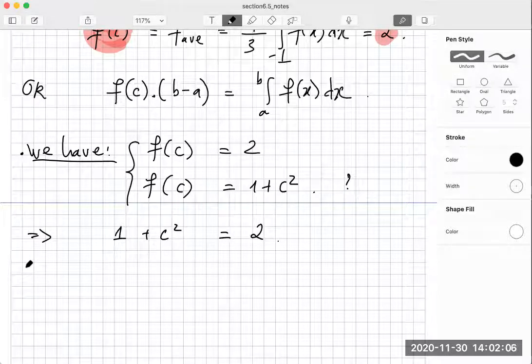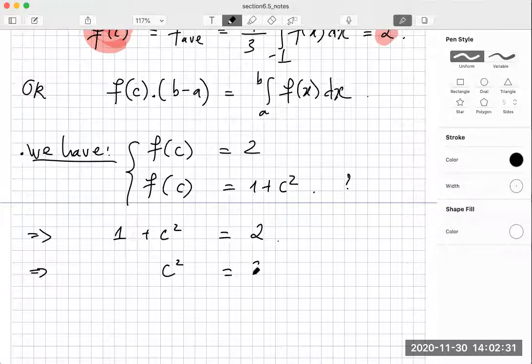This is a quadratic function, right? So what should we do now? Isolate C. Perfect. So if we isolate C, how can we do that?